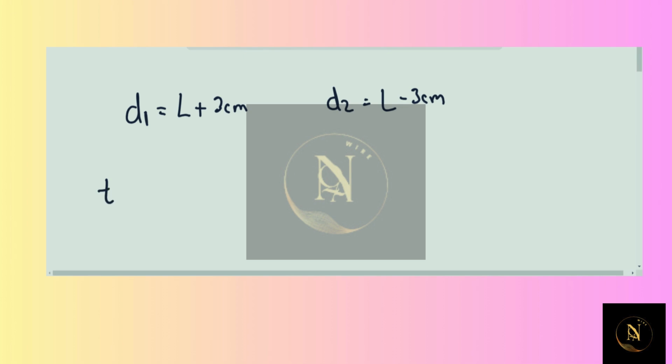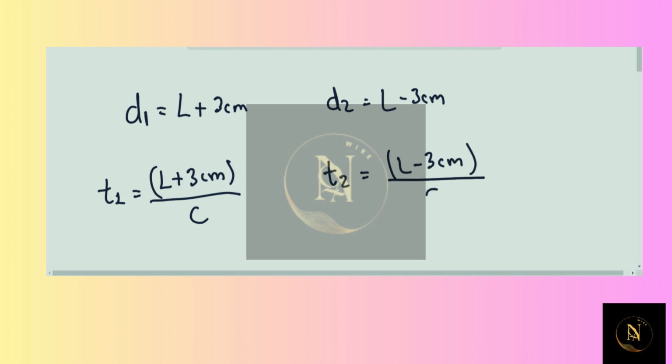So the time for the first photon, the one farther from the detector, is going to be d1 over the speed of light, or L plus 3 centimeters over c, and the time that it takes for the second photon, the closest to the detector, is going to be L minus 3 centimeters over c.